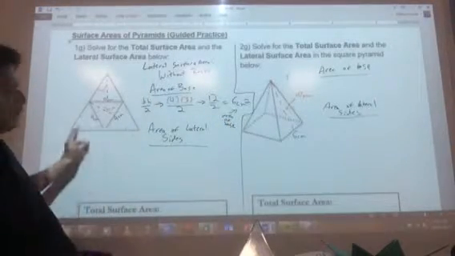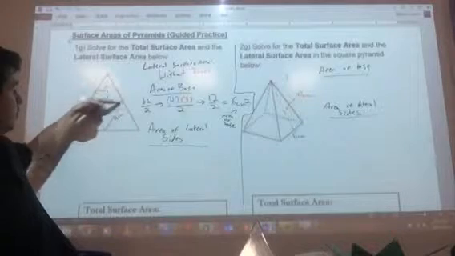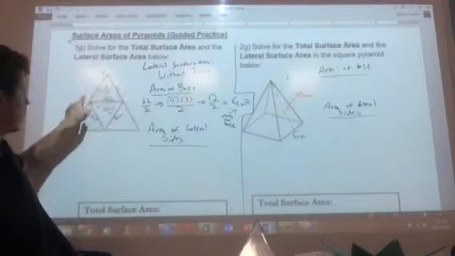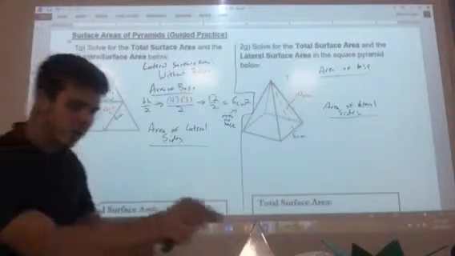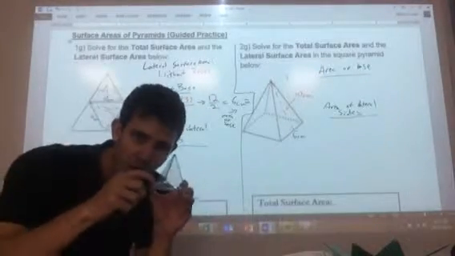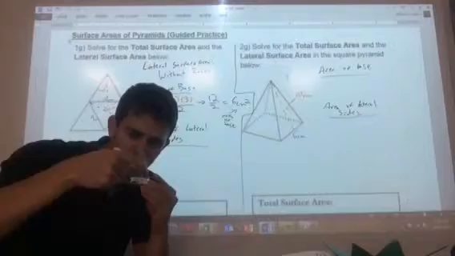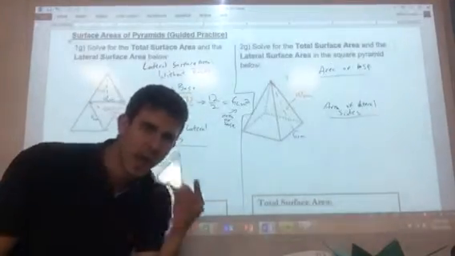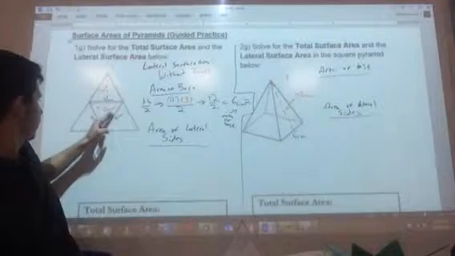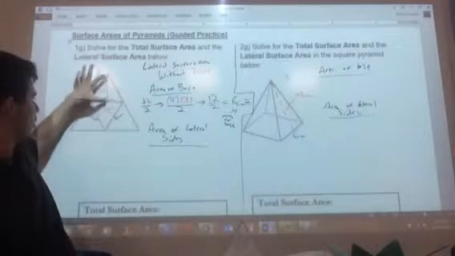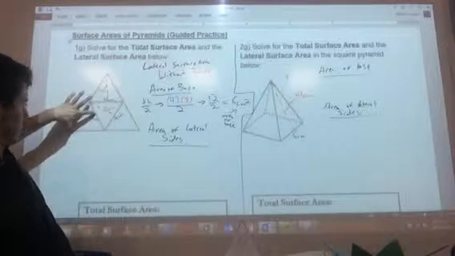Now if we look at the other information that's given, in this triangle right here, this base is 4 and this is 3. And I know that the heights of all of these triangles, these lateral sides, have to be the same. So this distance right here is also going to be 3, and this also is going to be 3.